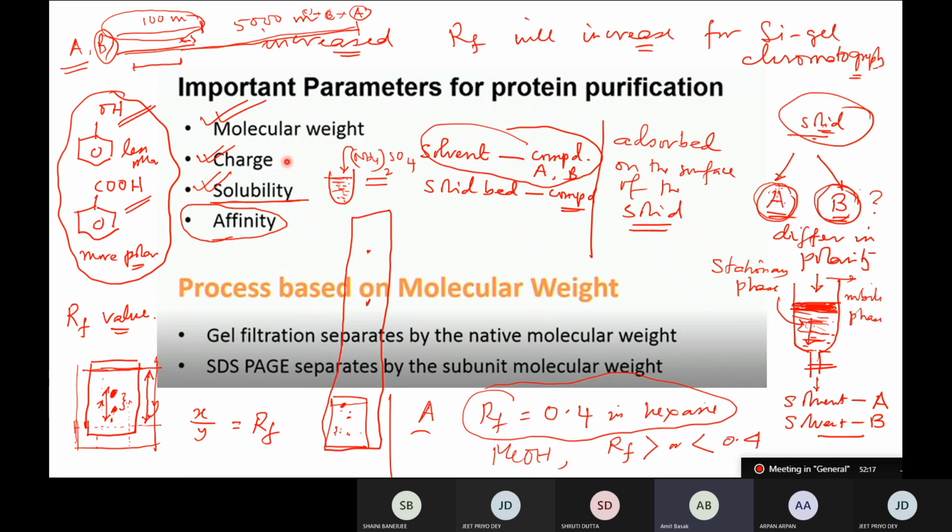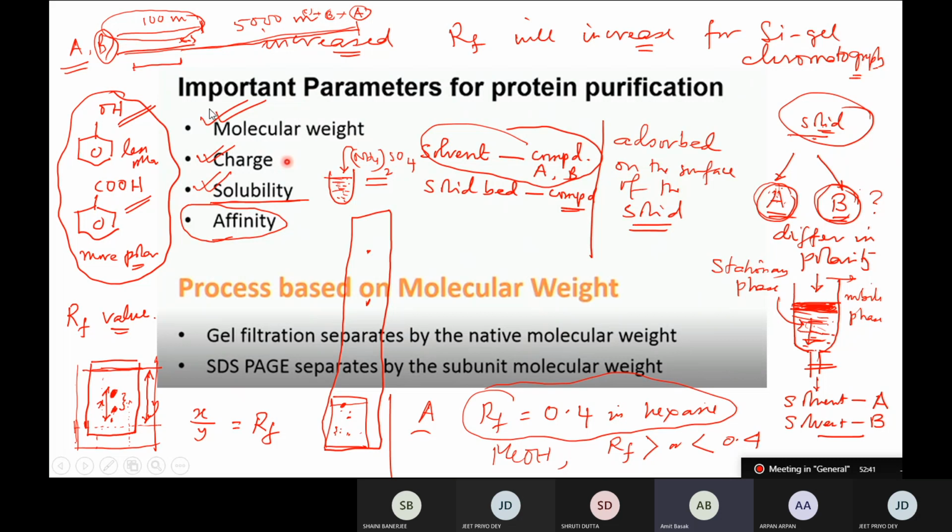There are a large number of organic solvents with different polarities. When I say organic compounds, I mean small organic molecules, so their separation is easier than the separation of proteins.